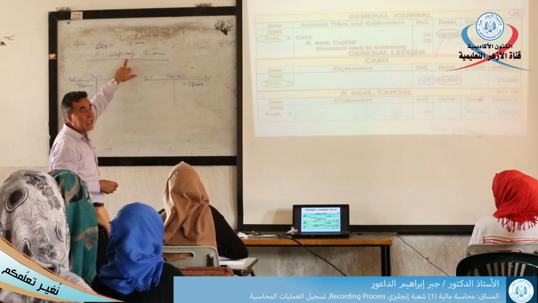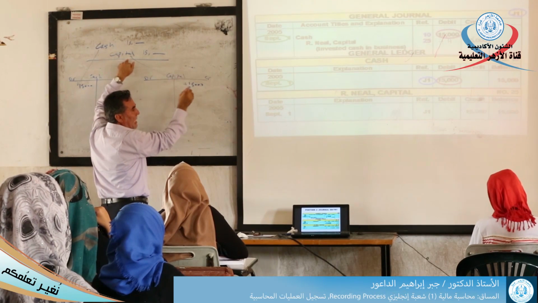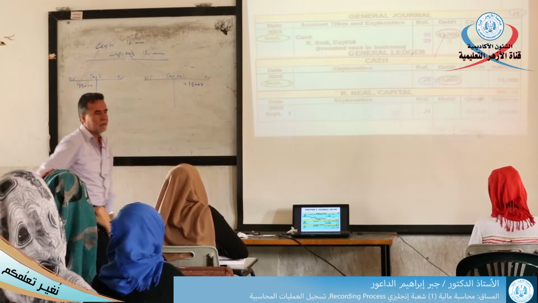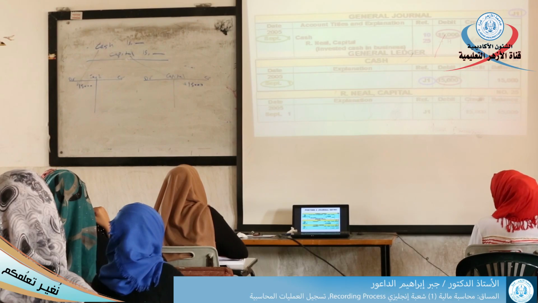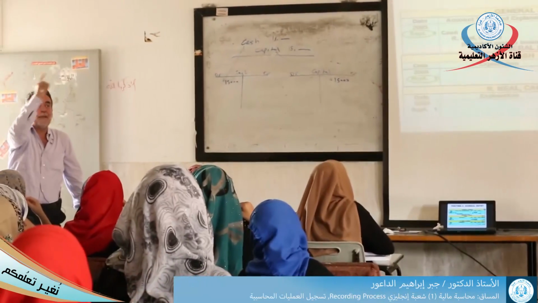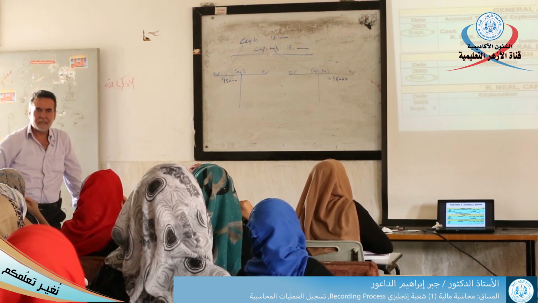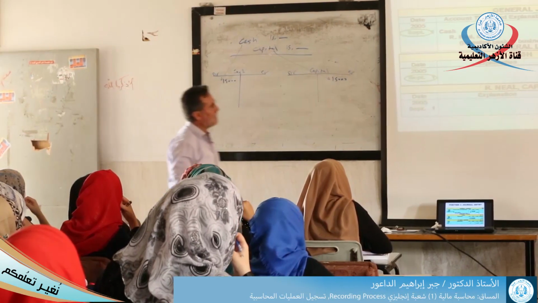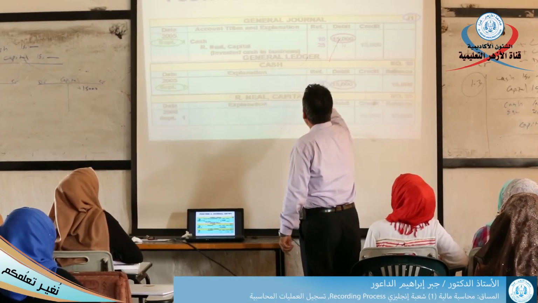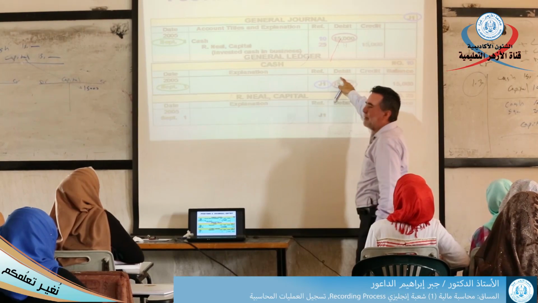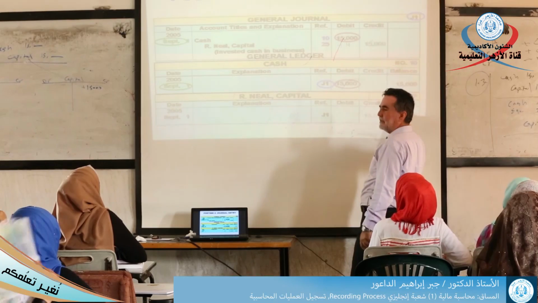Whereas capital is in the credit side, so in the credit side of the capital account, I will write the amount, which is 15,000. Okay? So debit side to debit side, credit side to credit side. Like here, the cash account in debit, whereas the capital account in credit.